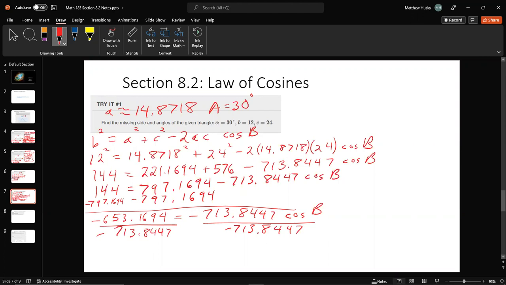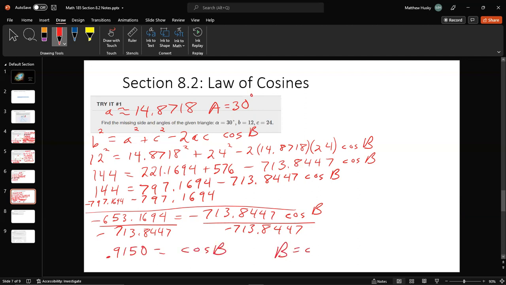So we're going to do that divided by negative that number. That is 0.9150. That is equal to the cosine of big B.